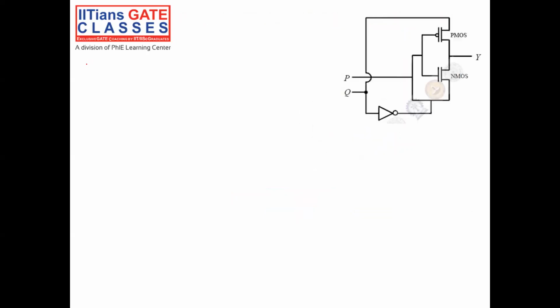Suppose we take the case when P is equal to high, this is 1. When this is equal to 1, the PMOS will be off, because for PMOS to be on, I have to apply 0 here. So PMOS is off.